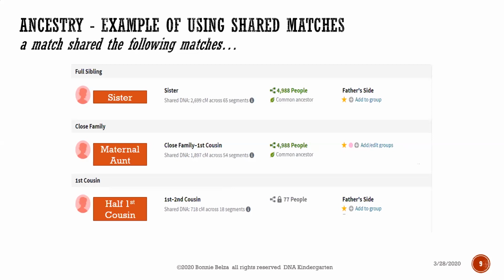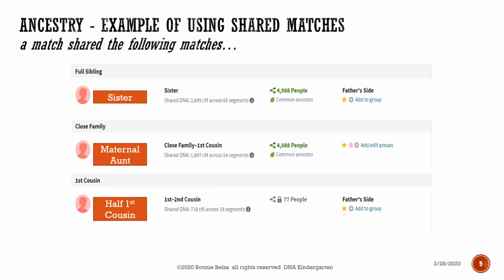Although notice that Ancestry identified that person as a first or second cousin to me. Well, my sister doesn't add a lot of information about identifying who John is, because my sister and I share so much DNA. I would expect someone to match my sister and myself in most cases.